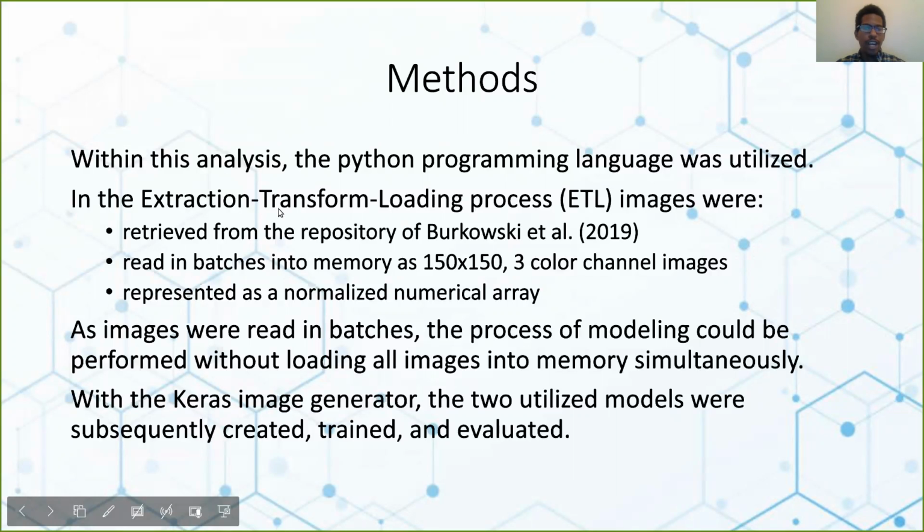As these images were read in batches, the process of modeling was performed without the necessity to load all images at one time into memory, as such could have otherwise overloaded the memory of my current computer. With the Keras image generator, 2 utilized models were subsequently created, trained, and evaluated.